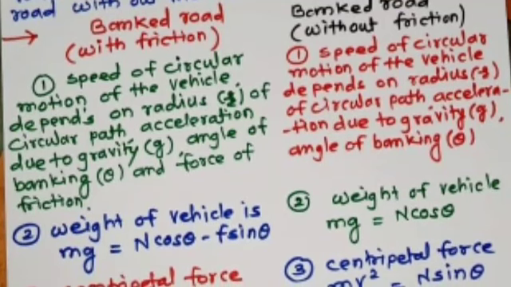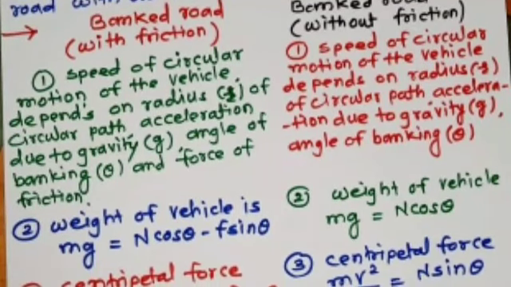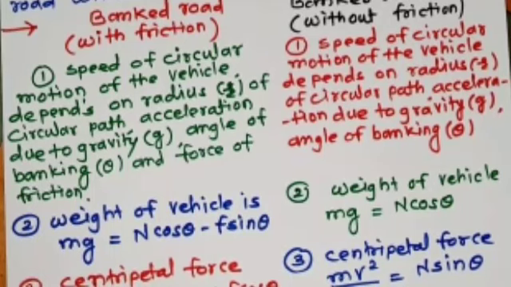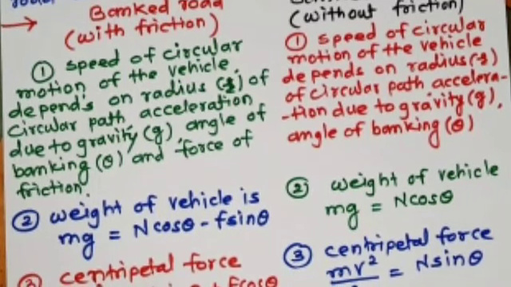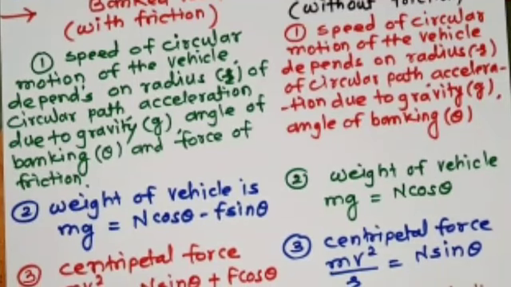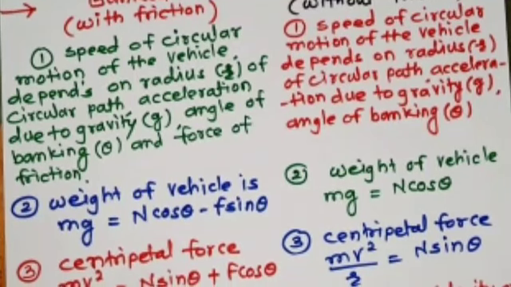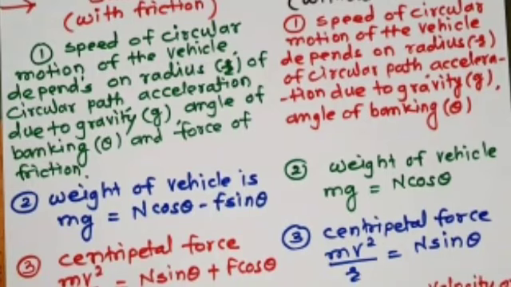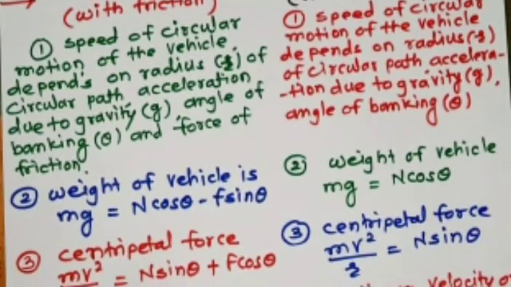Without friction, the speed of circular motion of the vehicle depends on R, the radius of the circular path, small g, acceleration due to gravity, and theta, the angle of banking.